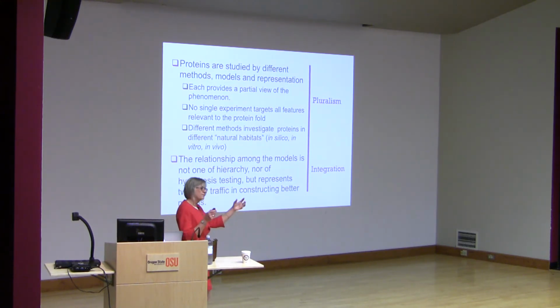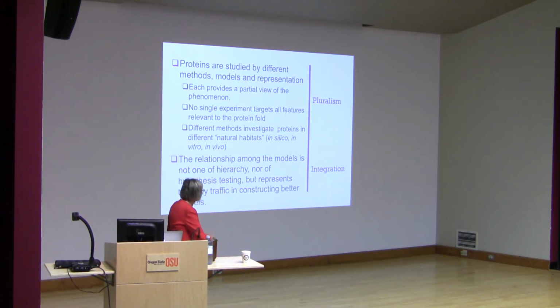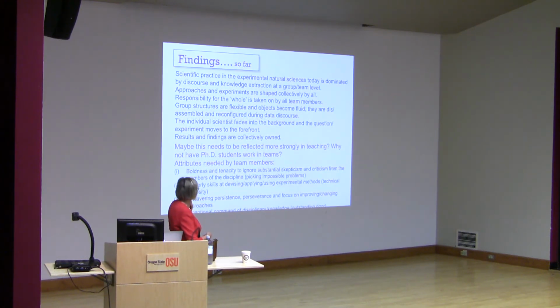And it's not just an additive viewing together. It's always a two-way street between the different perspectives, and one informs the other. The computational people learn a lot about what the proteins look like, and we learn from the computational people what is a sensible way of representing structures. So all of this has to come together.